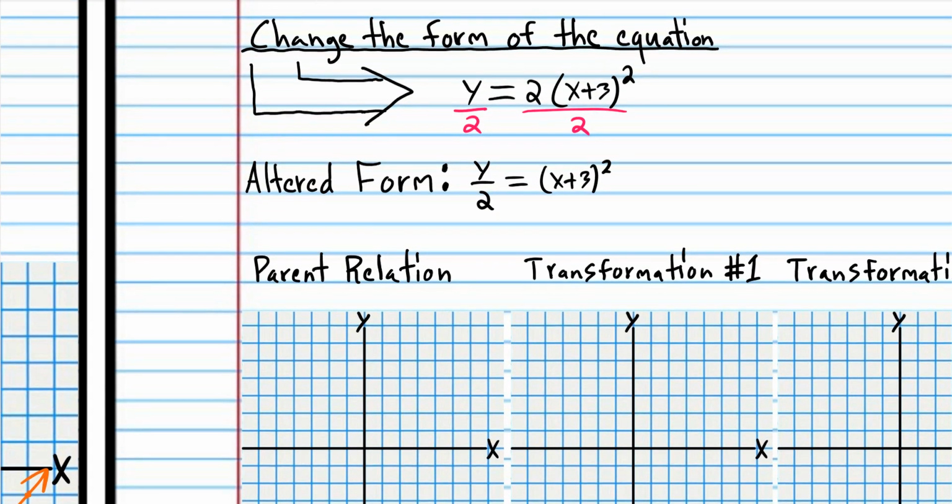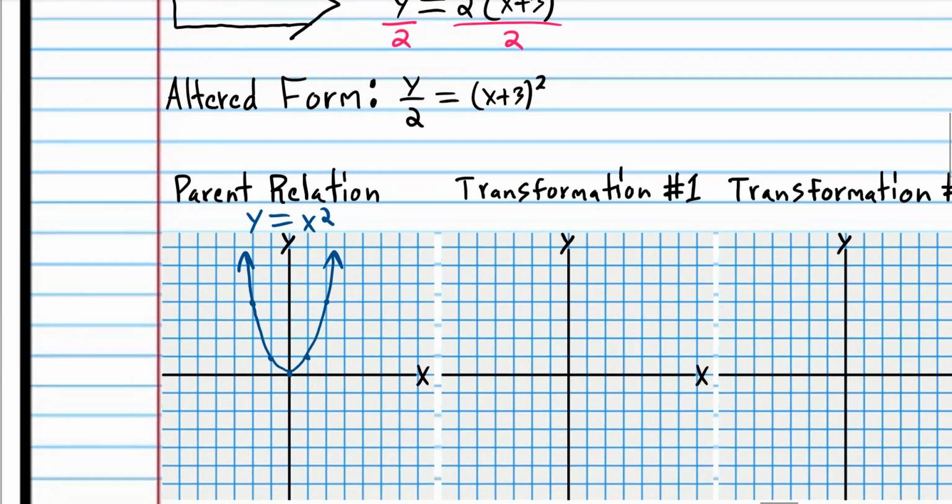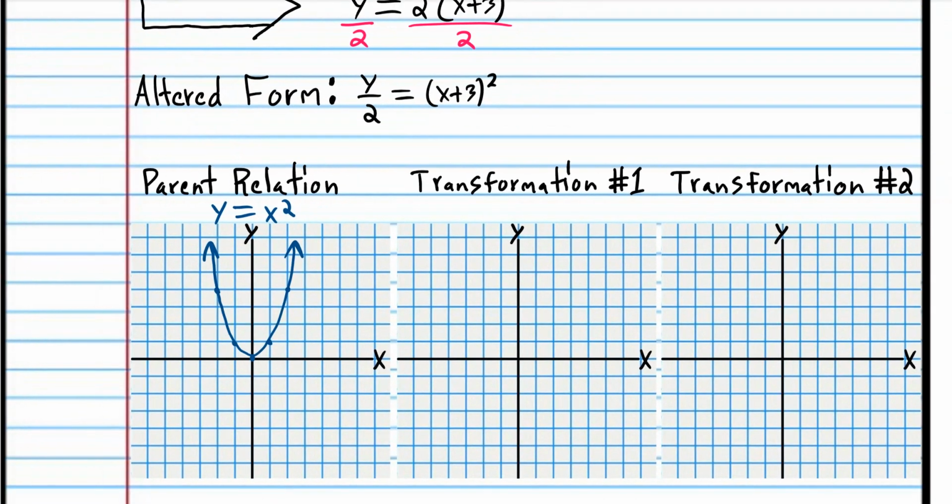So let's write the parent equation. That's y is equal to x squared. Let's graph the parent graph. Okay, and we can dilate first or we can translate first.